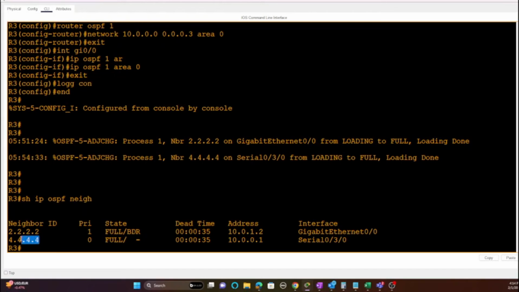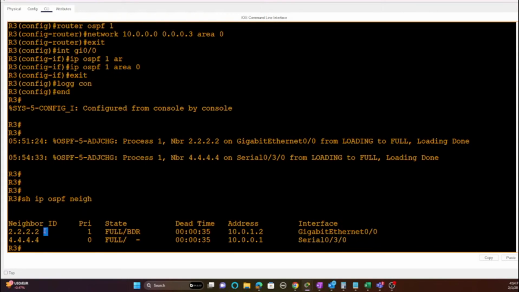So first we'll look at this one. That's our neighbor ID, router 4. The state is full. That's the IP address of my neighbor, not mine, my neighbor's IP address. And this is the interface that my neighbor is using for OSPF, that he has this IP address configured on, which is serial 030.